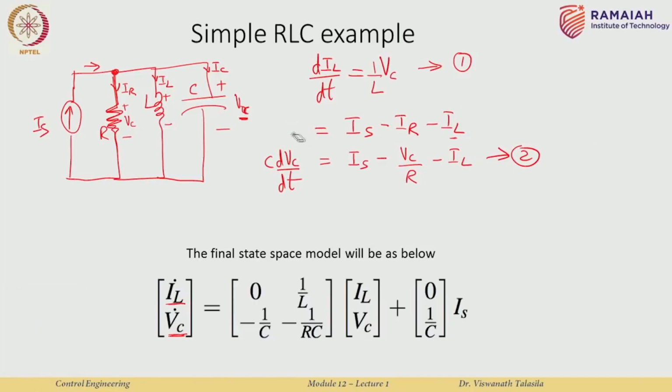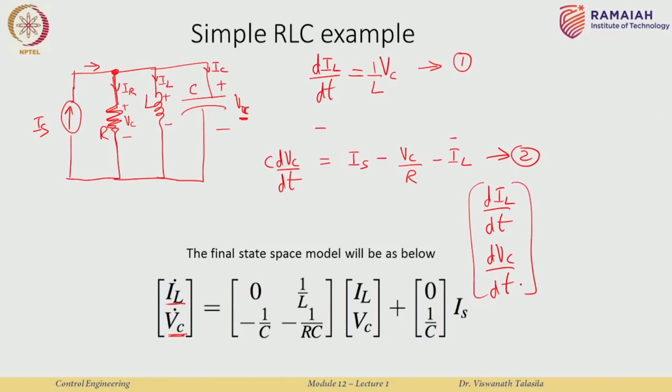If you plug these two equations into matrix form, you are actually going to get this expression over here. Let me show how we can do that. dIL by dt is the derivative of the first state, dVc by dt is the derivative of the second state, and please see here this term C, the capacitance, I will remove it from here and divide it on the right hand side everywhere.